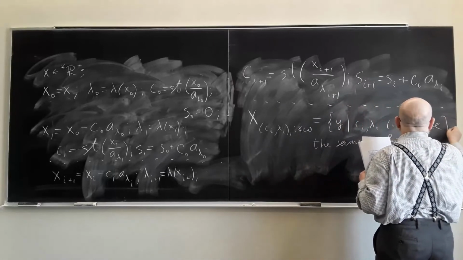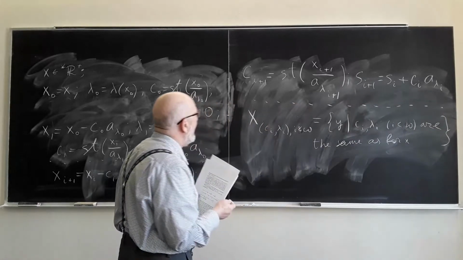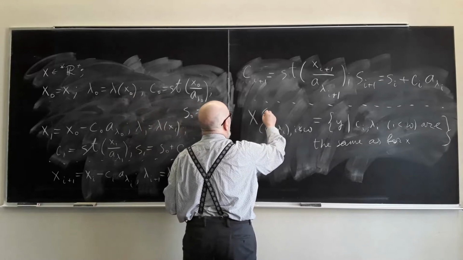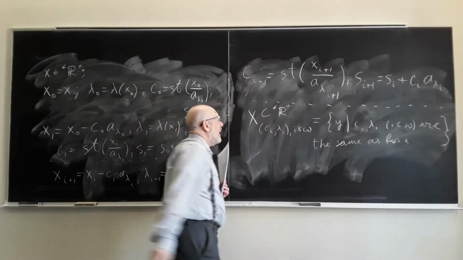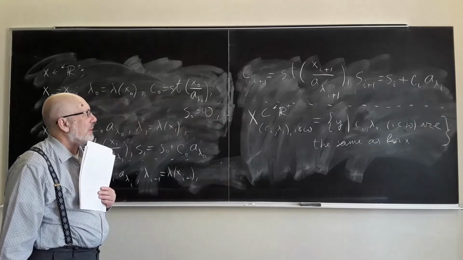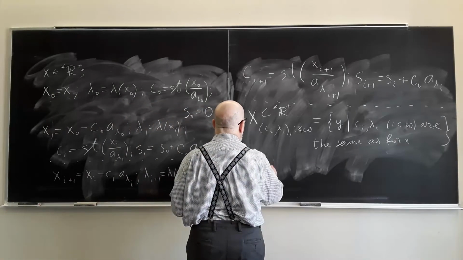Yeah? So this is a set of all non-standard numbers in star R. We take a representative from this. It is called A.